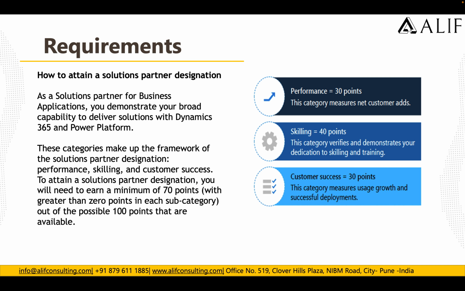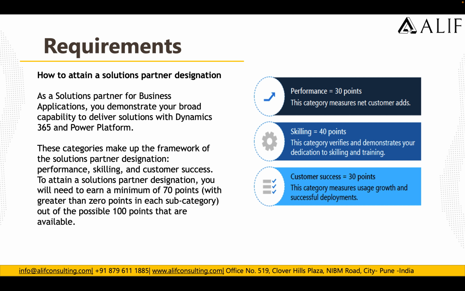Now the requirement. As a solution partner for business application, you demonstrate your broader capability to deliver solutions with Dynamics 365 and Power Platform. These categories make up the frame of a solution partner designation, and these categories are performance, skilling, and customer success. To attain a solution partner designation, you need to earn a minimum of 70 points out of the 100 that are available.